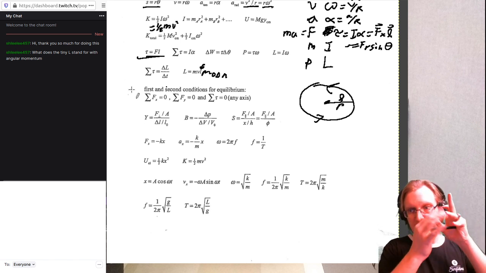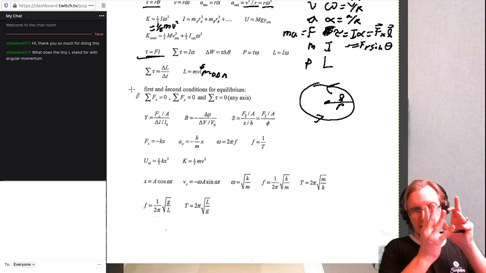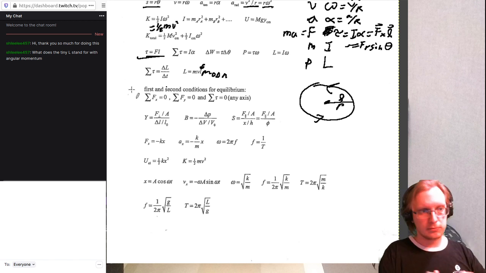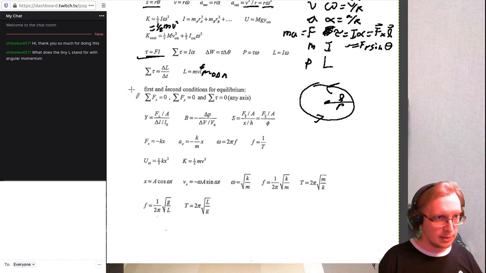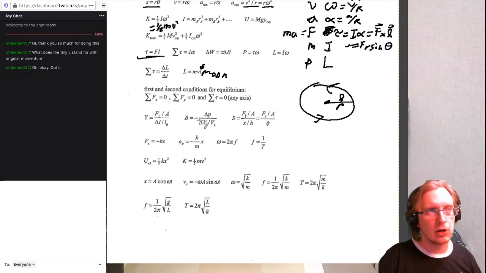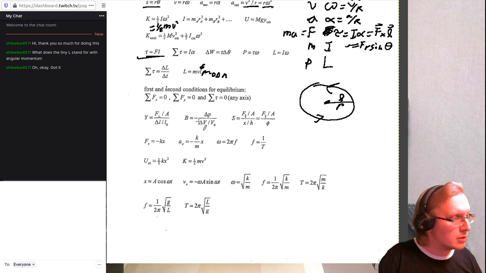Basically, if you're taking a rod and you're compressing it, or if you take a spring and you pull on it, you end up with this Young's modulus here. B is the bulk modulus, for if you took a submarine and put it down at the bottom of the ocean, mostly trying to crush things at the bottom of oceans.